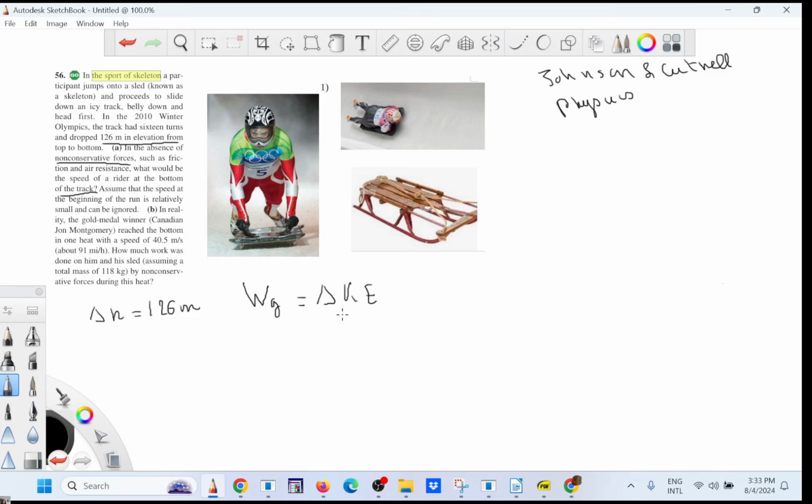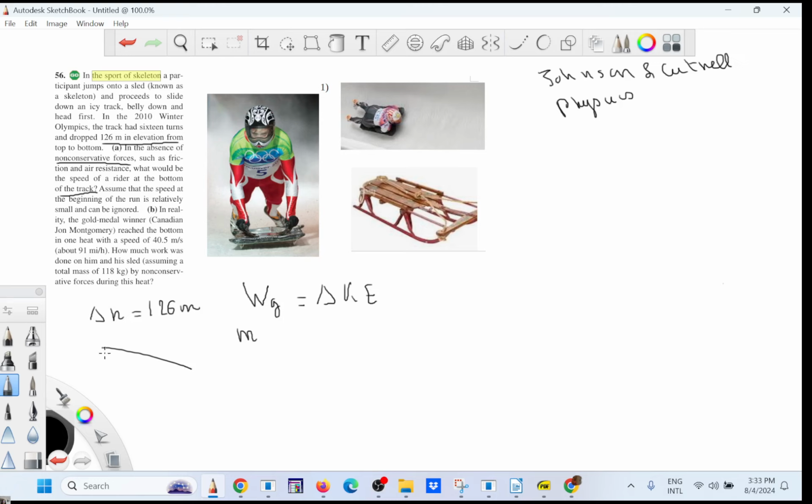So that's one way to look at it. And it says we suppose that it starts from the beginning, so initial velocity is 0. In that case, the work done by gravity, okay, gravity is a conservative force, so what matters is really the height difference.